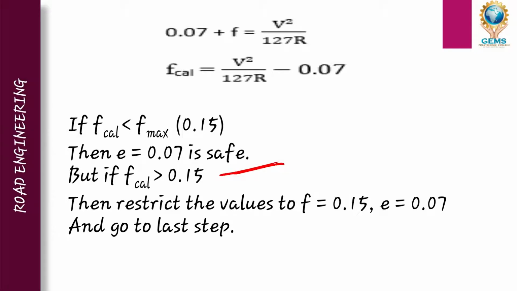But if the calculation is greater than 0.15, then the restriction of the value of F is 0.15, and E we should take 0.07, that is safe, and go to the last step.